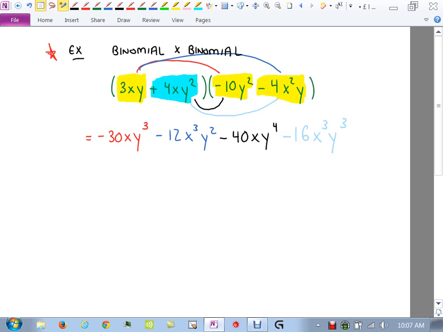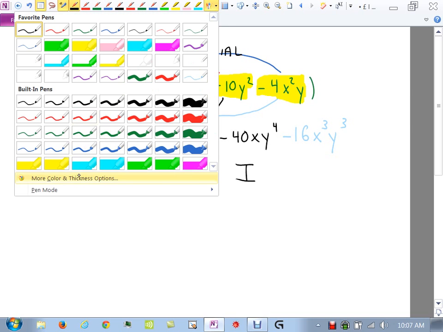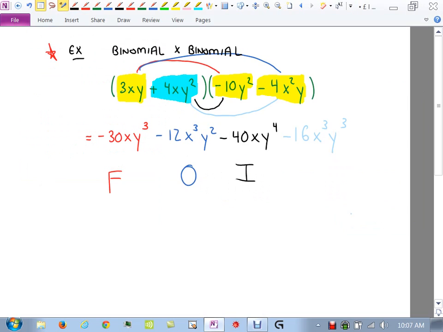Now, there's another way of teaching this that I'm sure you may have heard. It's called FOIL. Have y'all heard that before? I'm going to show you something. F-O-I-L, right? FOIL. And FOIL stands for, if you have a binomial and binomial, you do the F is first.